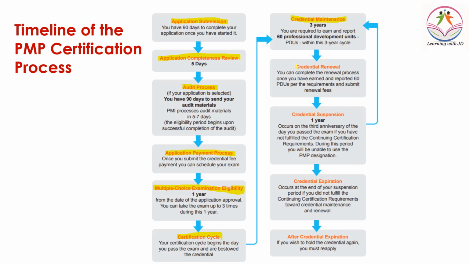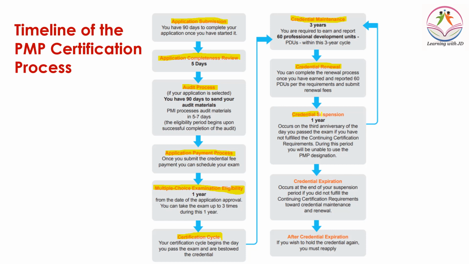And the credential renewal is mandatory for maintaining your PMP certification. You can complete the renewal process once you have earned and reported 60 PDUs as per the requirements and submit the renewal fees. Once you submit the renewal fees, the fresh certificate will come to your mailing address.